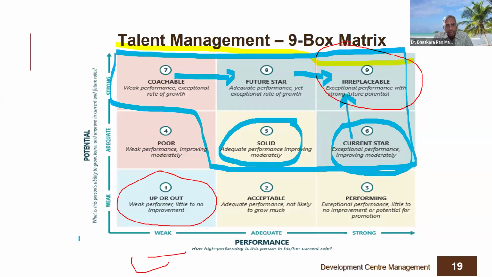And a lot of time for the senior positions, for example, succession management. One of the key principles of succession management, suppose you want to identify a next level or next CEO of the organization.